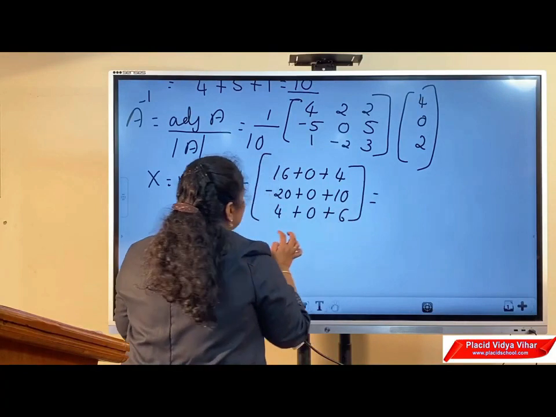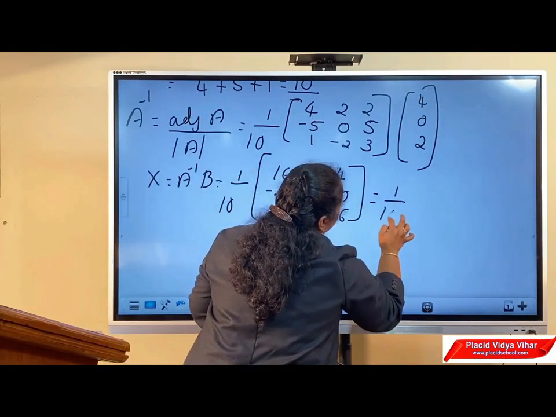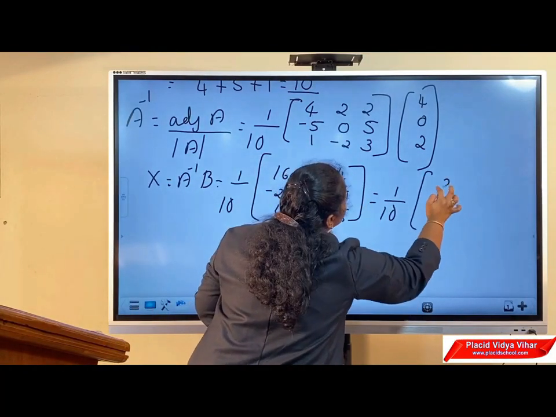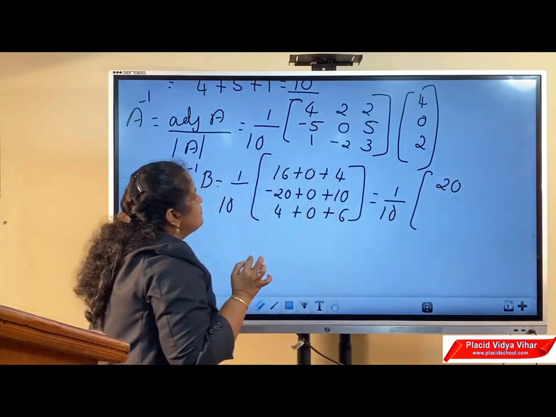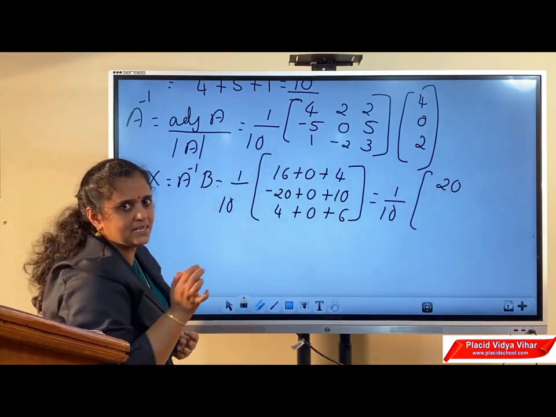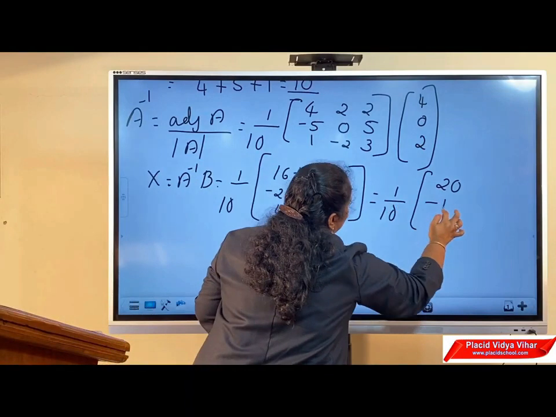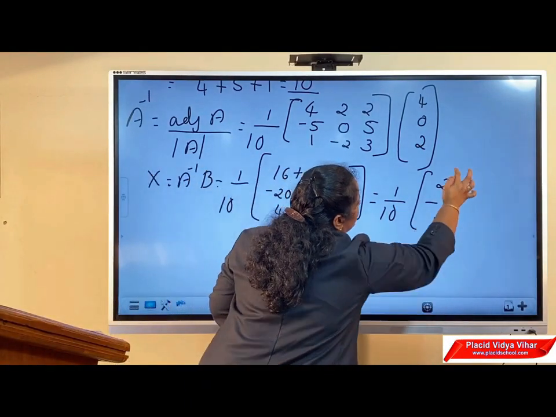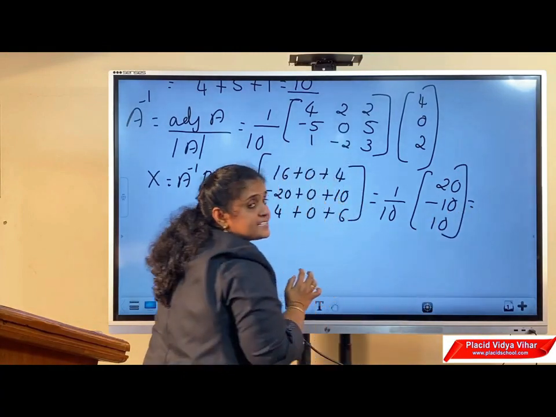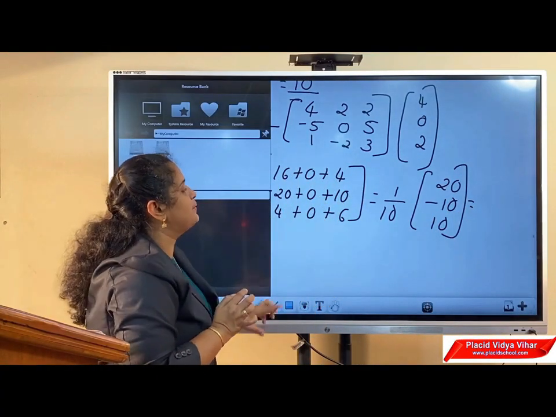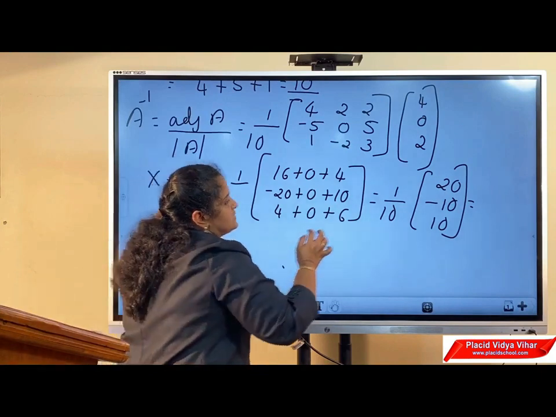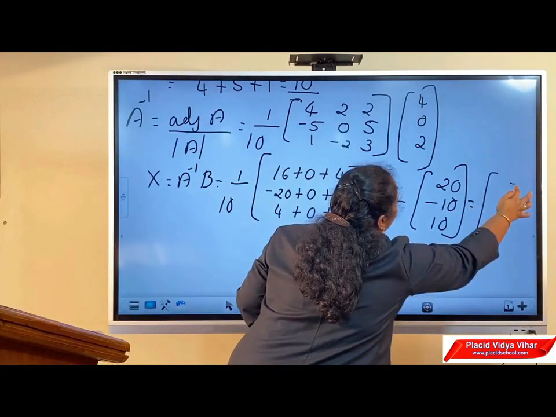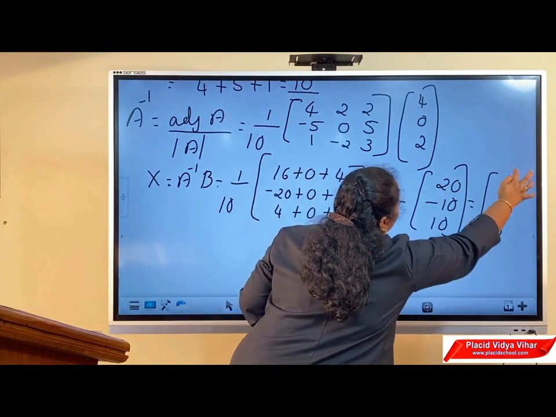Therefore, the answer is 1 by 10 into 20, minus 10, 10. When we divide each number by 10, you will get the answer 2, minus 1, 1.